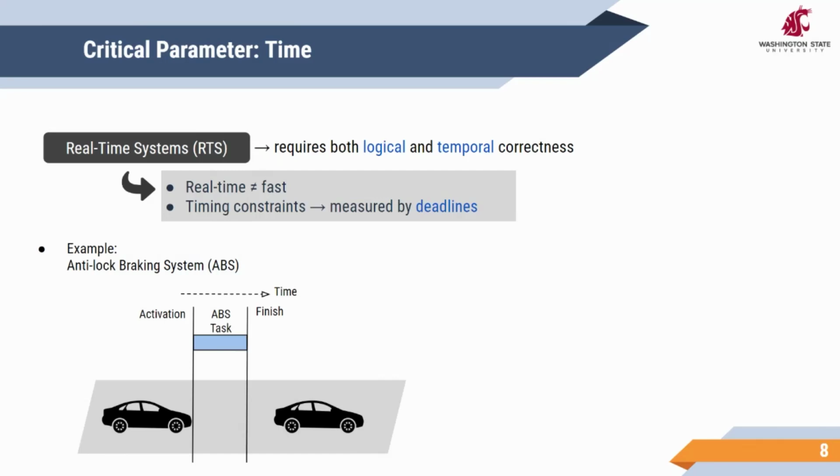Now, consider a case when the brake pedal is pressed and the vehicle ABS module is activated. If there is any delay in between due to faults, some application bug, or even errors, and the prevention process takes some time to activate, then the car could skid and may hit another object, right?